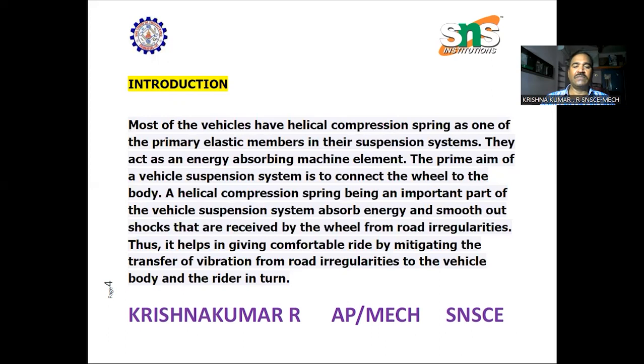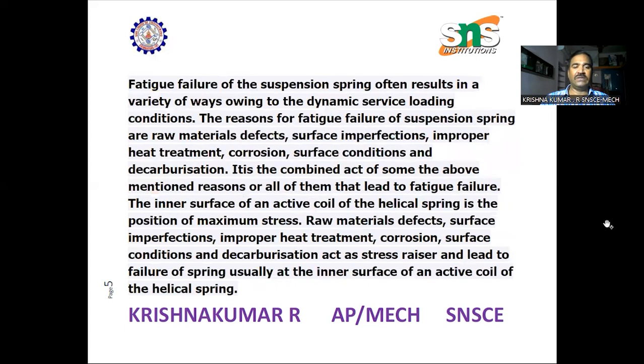A helical compression spring, being an important part of the vehicle suspension system, absorbs energy and smooths out shocks that are received by the wheel from road irregularities. Thus, it helps in giving a comfortable ride by mitigating the transfer of vibration from the road irregularities to the vehicle body and rider in turn.